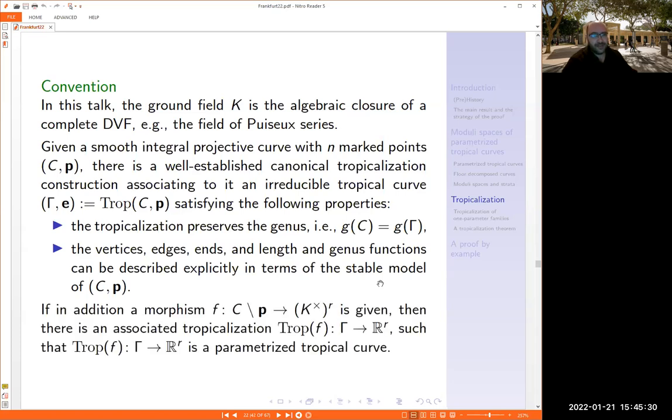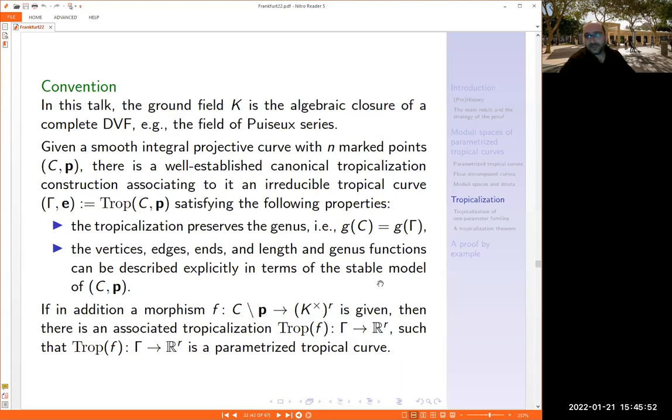Now, if in addition you have a morphism from the complement of your marked points to an algebraic torus, then you can tropicalize also this morphism, and you obtain a parameterized tropical curve, trop f from Gamma to the tropicalization of the torus, which is just the linear space R^r.